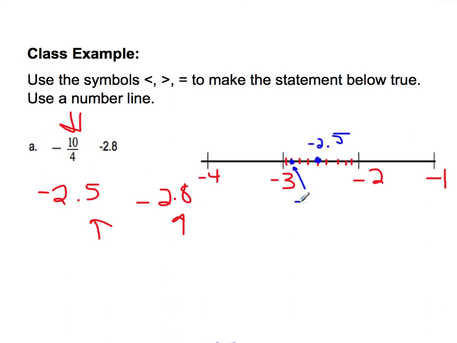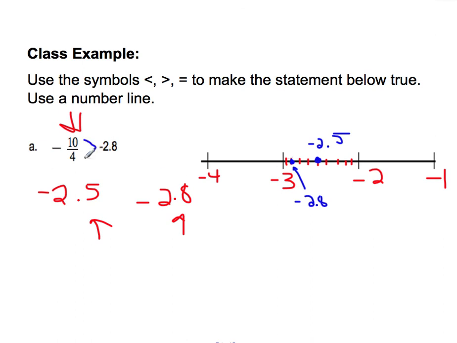I didn't divide them up nice and equally, but you guys get the hint. So negatives are a little bit different because you want to know which one's greater. The greater one is always the one to the right on the number line. So since negative 2.5 is to the right of negative 2.8, it's actually greater.